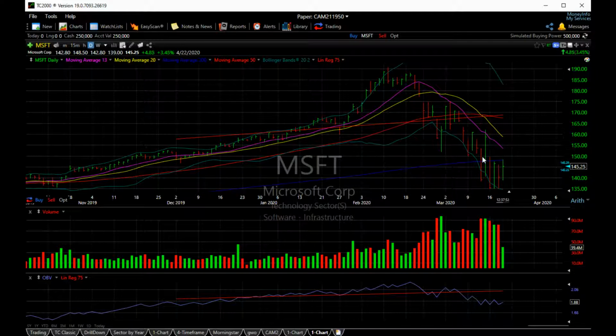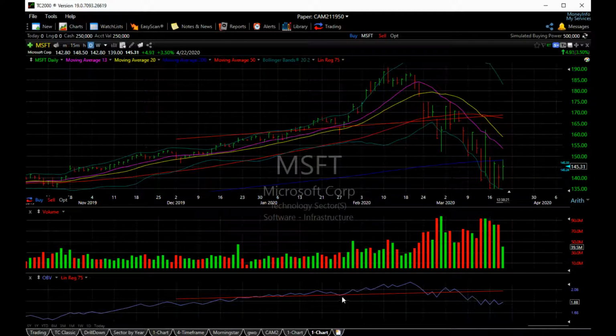But it's much more important when trying to establish real support and resistance that you pair it with other information. These light green lines are the Bollinger Bands. And as you can see, we rarely go above them and stay above them for any period of time, and we rarely go below them and stay there for a very long time.